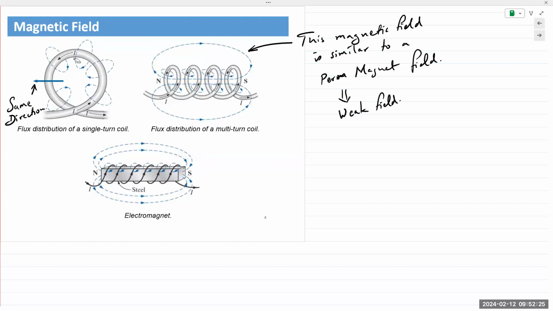You take a material like iron. Steel is basically just iron. Steel, cobalt, which have high permeability, and we'll talk about permeability on the next slide. And you insert it in the middle of the coil, or insert it through the coil. That increases the strength of the magnetic field.